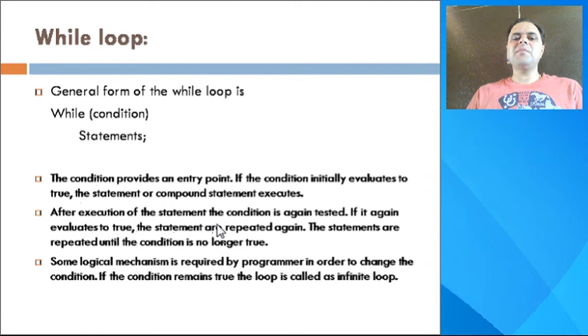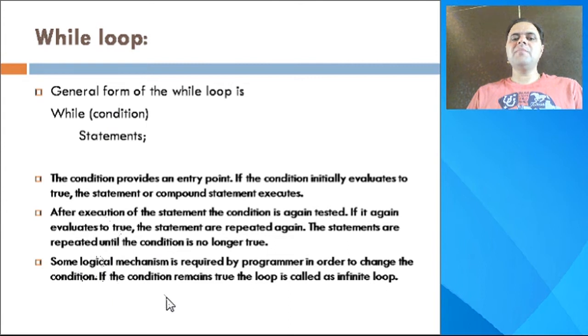After execution of the statement, the condition is again tested. If the evaluation is again true, then the statements are repeated again. The statements are repeated until the condition is no longer true. When the condition becomes false, the statements will not be executed.